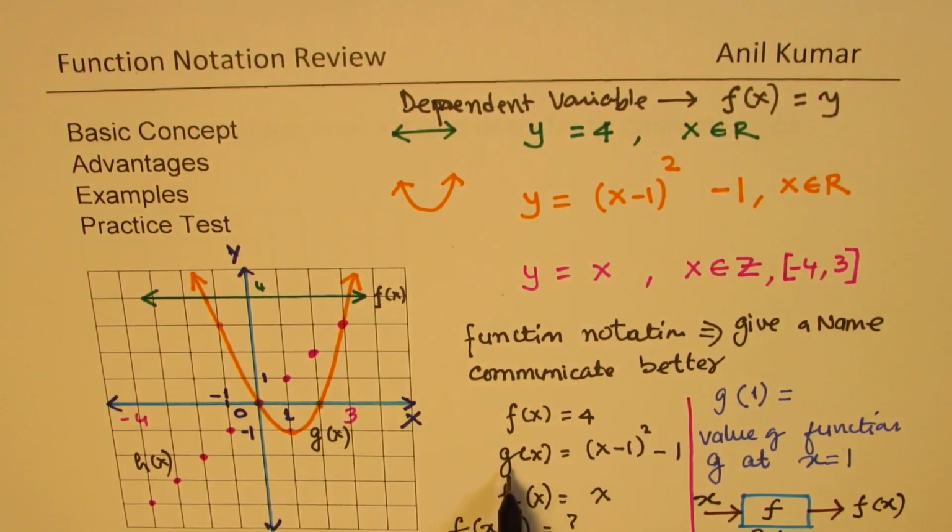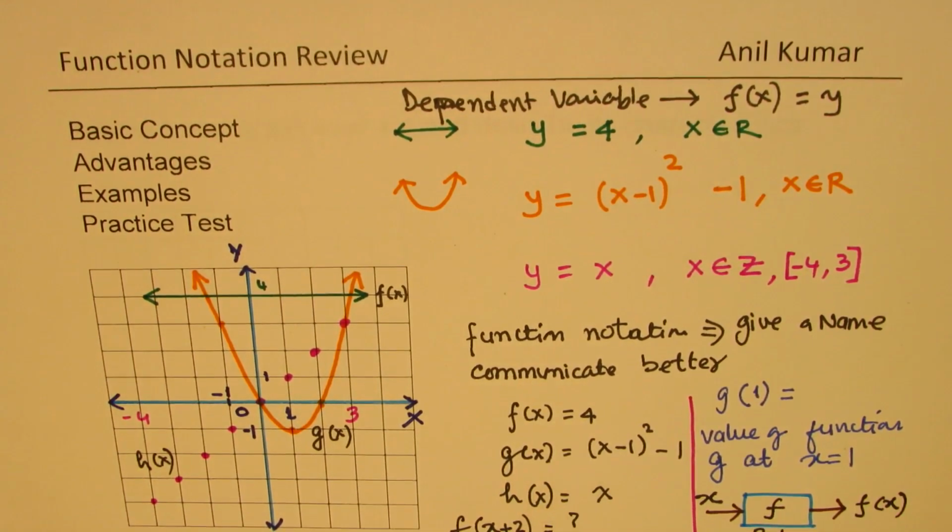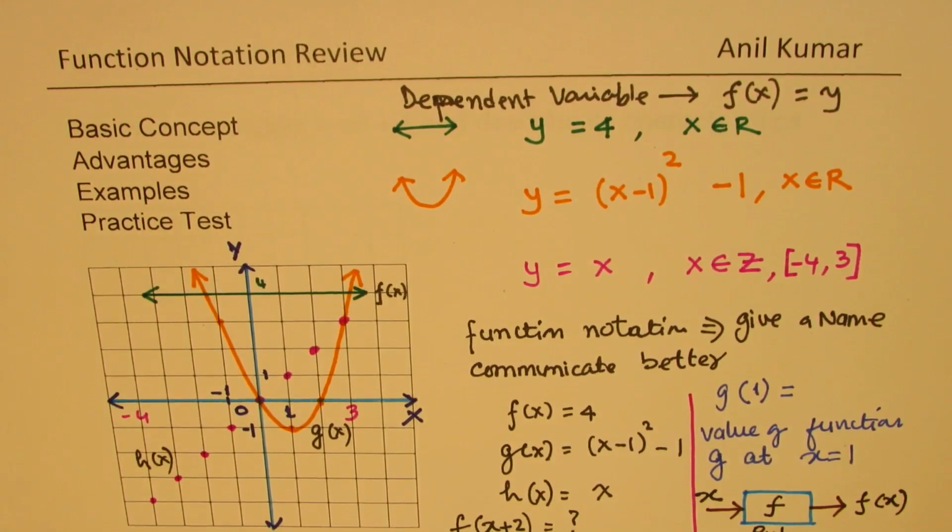Similarly, we can work out what is g of x plus h of x equals to. So we can actually work with these functions better, right? That's the whole idea. So function notation helps us to communicate better and work with the operations of the functions in a more meaningful way. Is that clear to you, right?